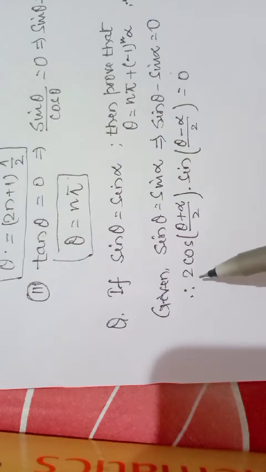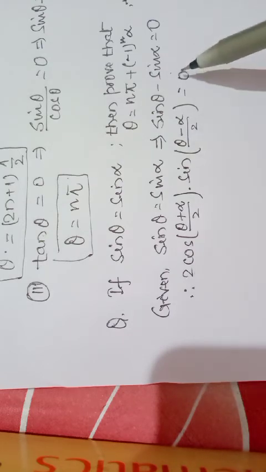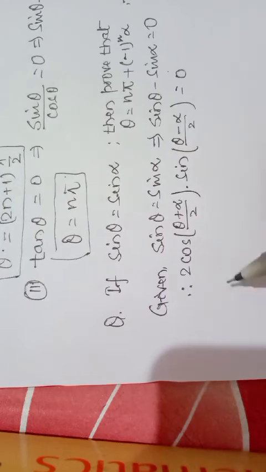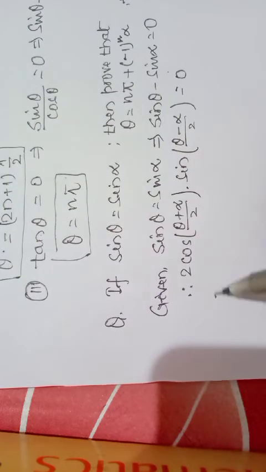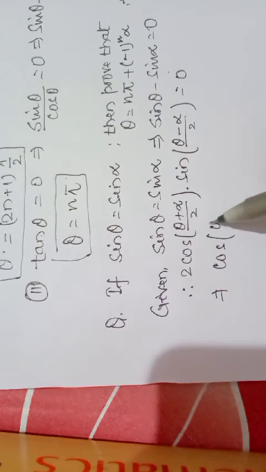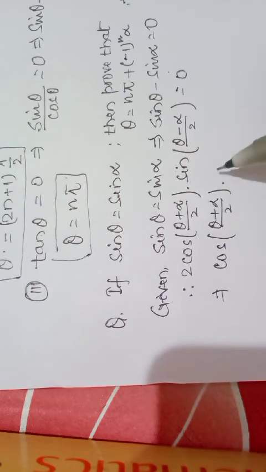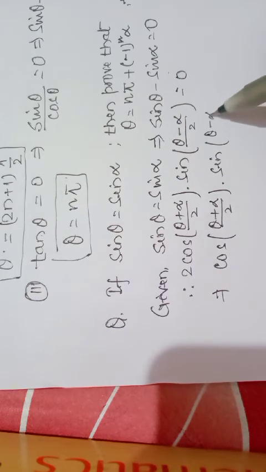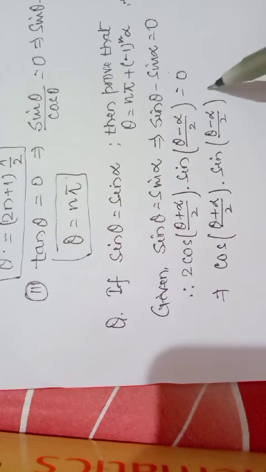As 2 is a constant, transfer it to the right side; 0 by 2 again becomes 0. So cos (theta plus alpha by 2) into sine (theta minus alpha by 2) is equal to 0.